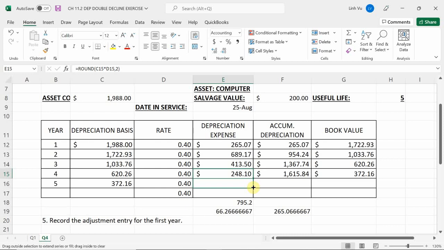So it'd be 372 times 40%. Yes. 148.86. Good.